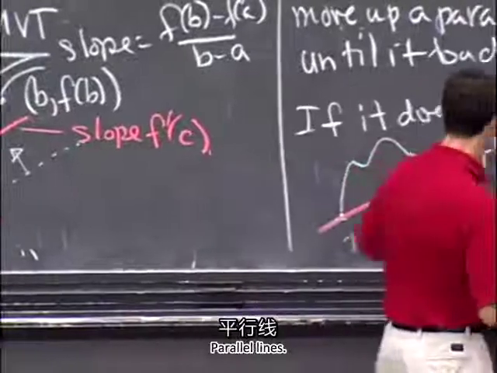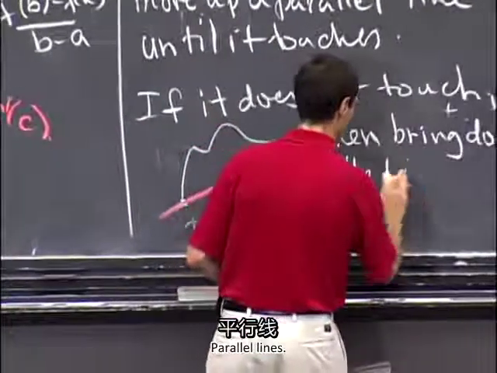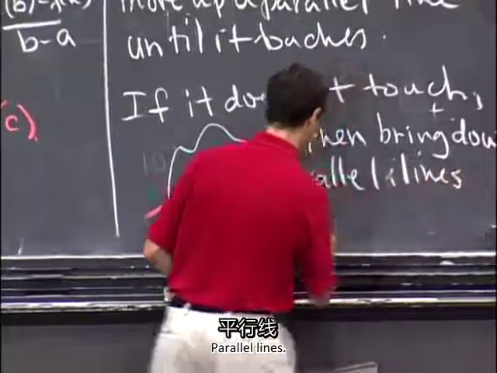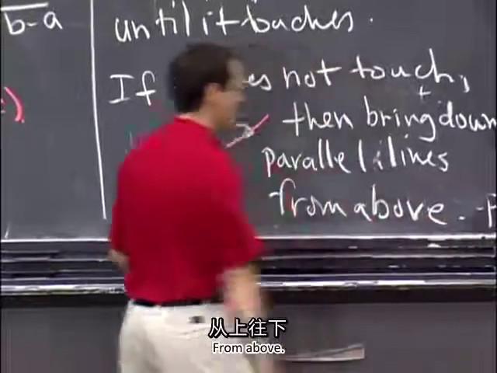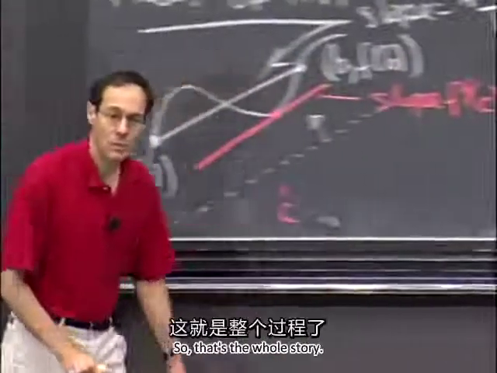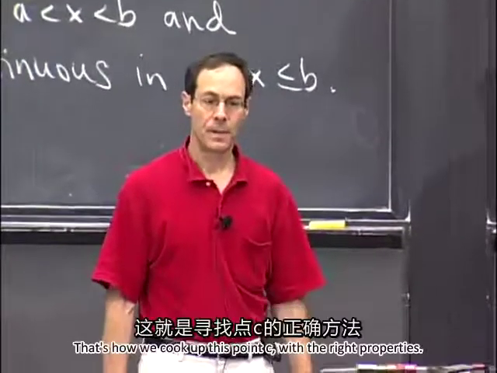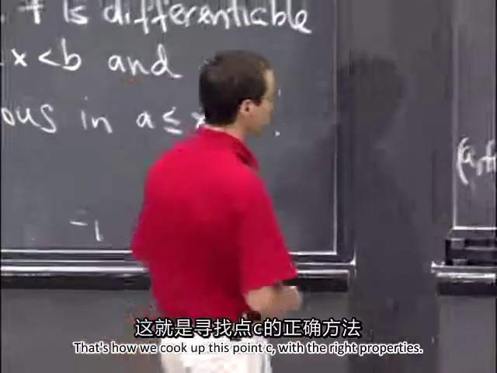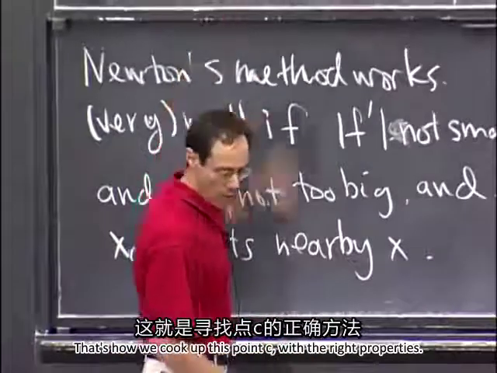Parallel lines from above. All right? So that's the whole story. That's how we cook up this point C with the right properties.